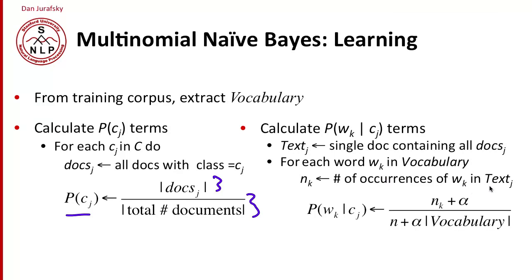So that'll be n_k. And now the likelihood of word w_k given class c_j is just the add 1 smoothed version, or I've shown you the add alpha smoothed version of the naive Bayes algorithm. So we've added alpha to n_k, and then in the denominator we have n, the total number of tokens in the class j.